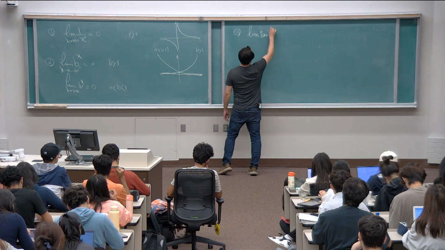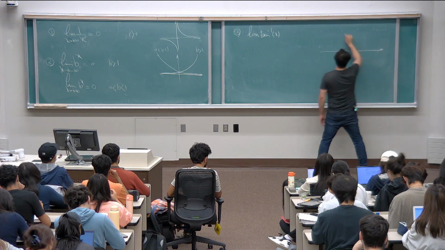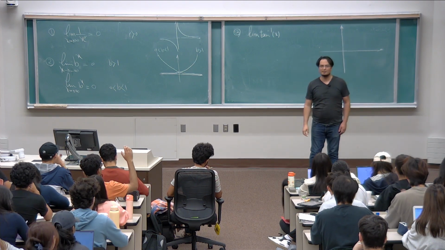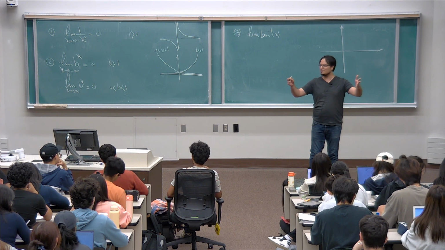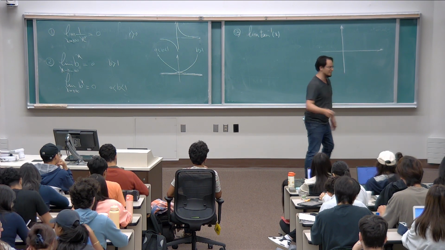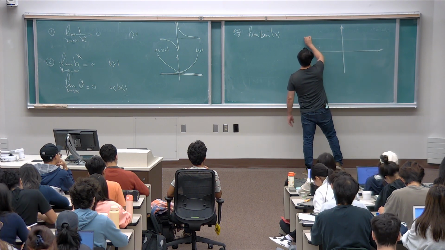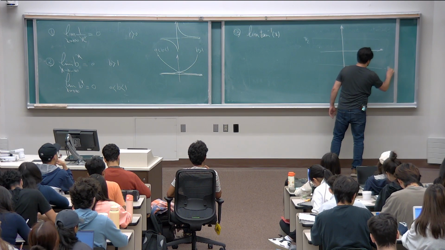Tan inverse x. Remember the graph of tan inverse? Do you remember it or no? No. Go home, find it, remember it. This is y equal to pi over 2. This is negative pi over 2.